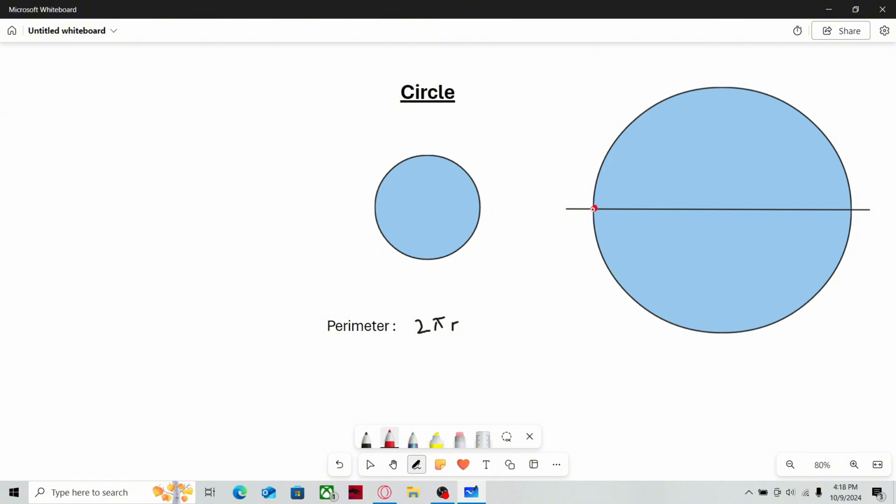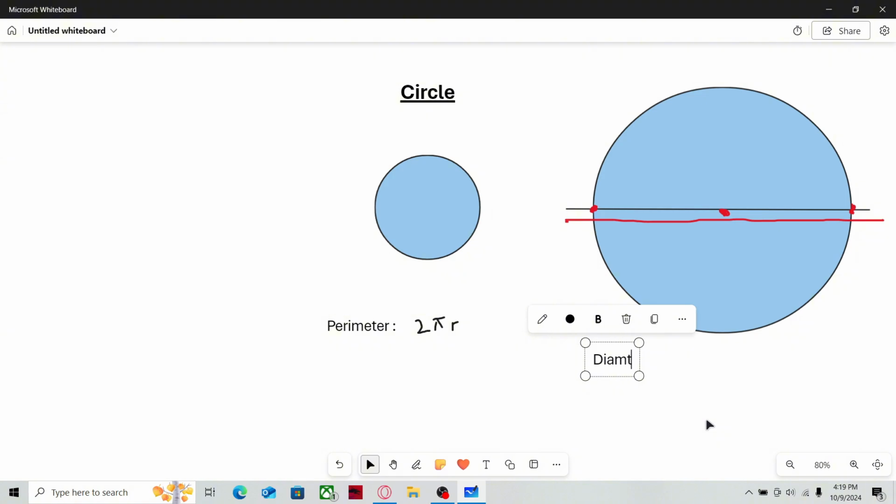From this one point of a circle to the other end of the point, but remember it should pass through the center. This whole line, from one point of a circle to the opposite end of the circle, passing through the center, is called what? What is it called? Diameter.